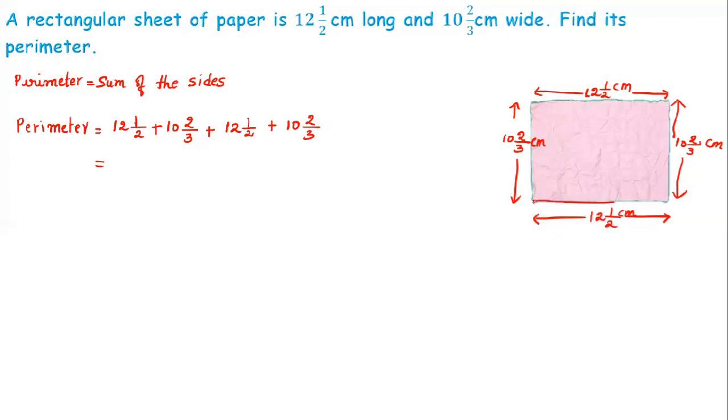Perimeter means the length along the edge. This length is called perimeter.